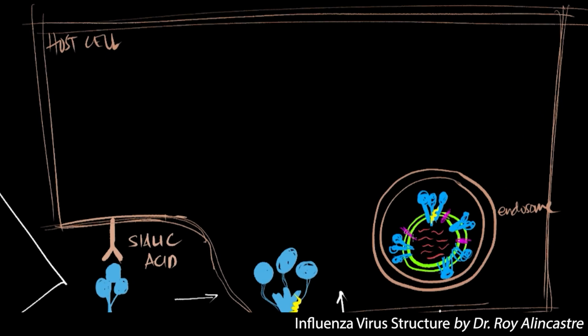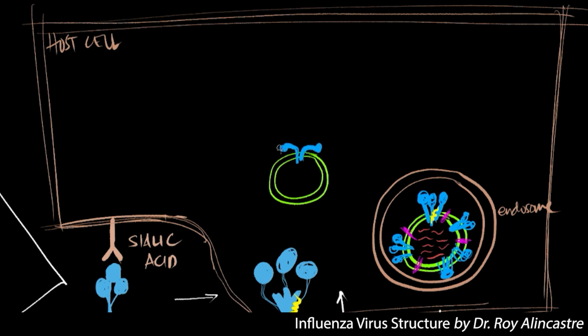Now, the endosome has an acidic pH. The acidic ions then enter through the M2 ion channel protein into the viral particle, no? And then this triggers a conformational change.